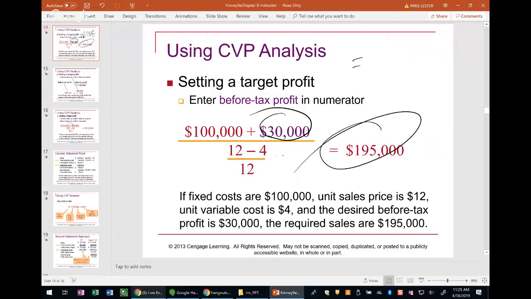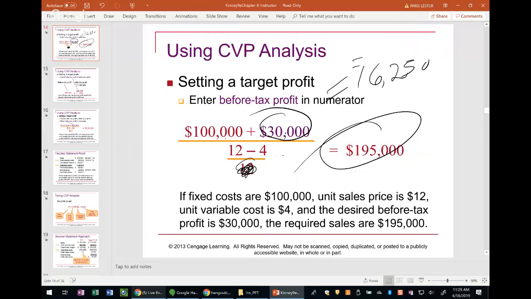I don't know how many units. Okay, now Monique, take 100,000 plus 30,000 and divide that by 8. Divide 130,000 by 8. 16,250. All right, now keep that number in mind.